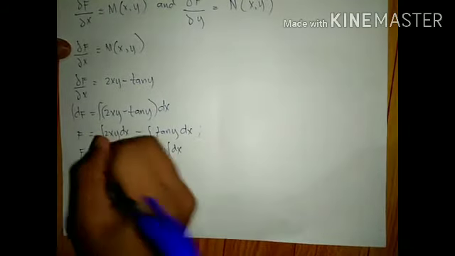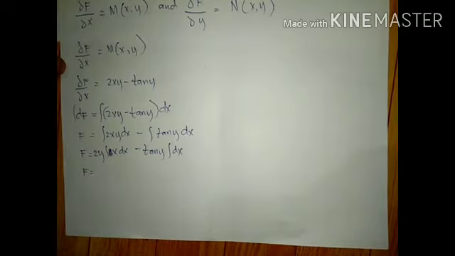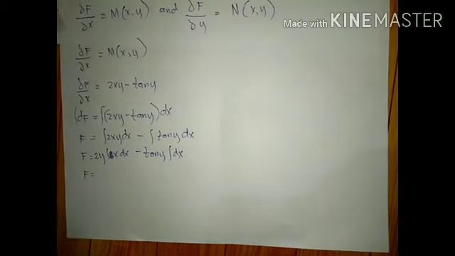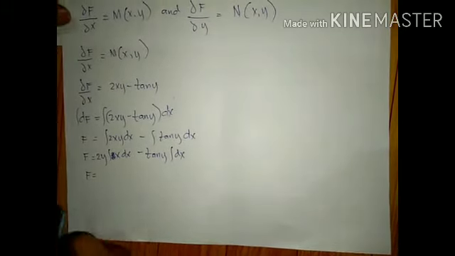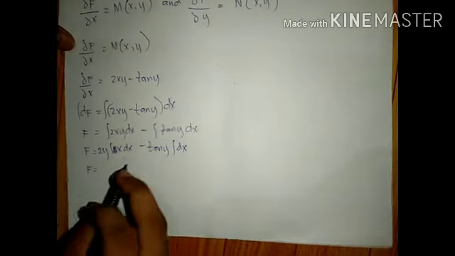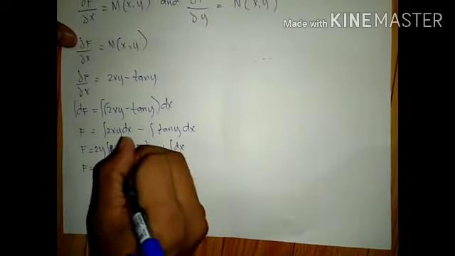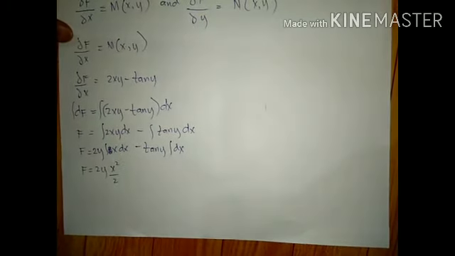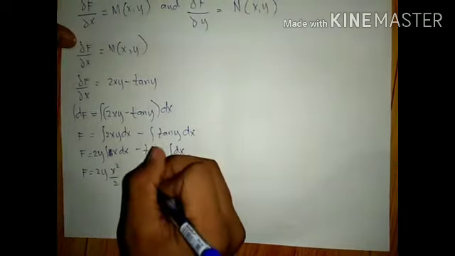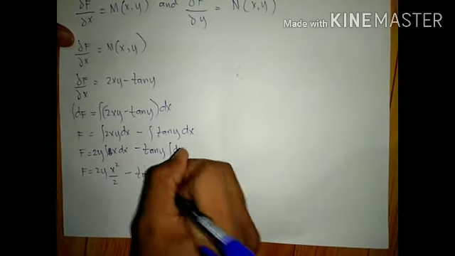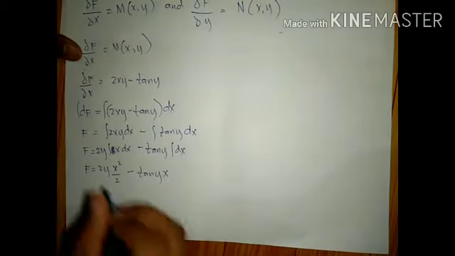So the final answer for partial f with respect to x equal to M is 2y times x squared over 2 minus tan y times x. The 2 cancels.